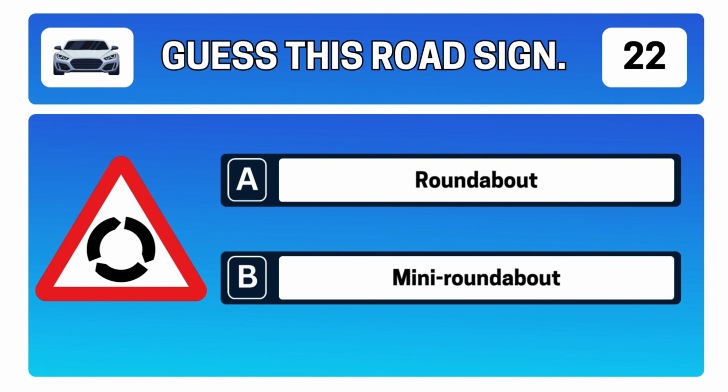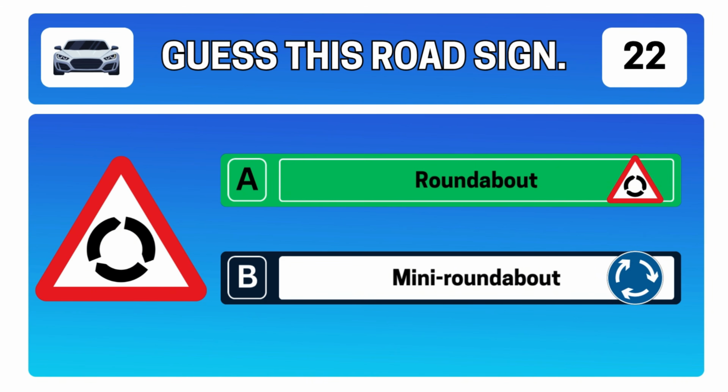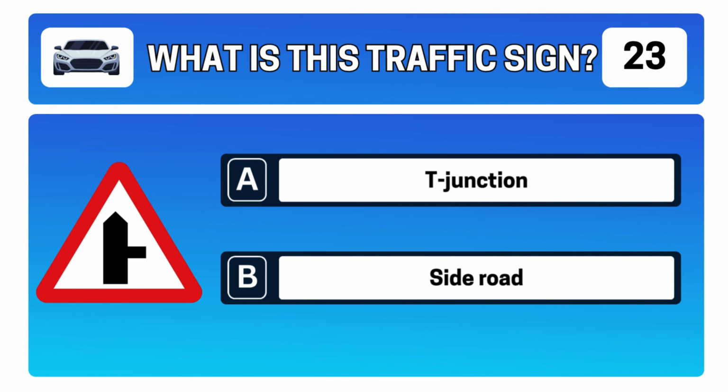Guess this road sign. A. Roundabout. B. Mini roundabout. Correct. It is the roundabout sign. What is this traffic sign? A. T-junction. B. Side road.